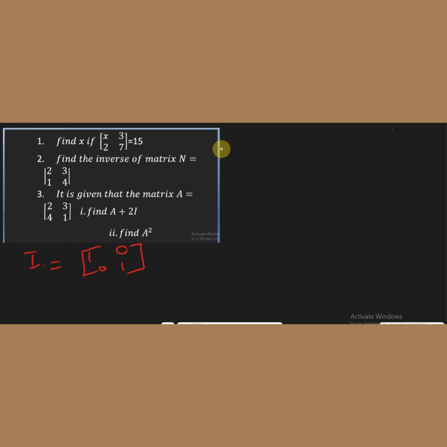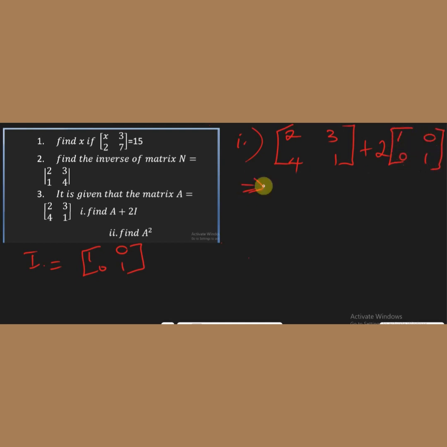So now if you listen well, you learn how to add 2 by 2 matrices. A is this, so I'm going to write 2 3 1 4, plus 2 times the identity matrix 1 0 0 1.